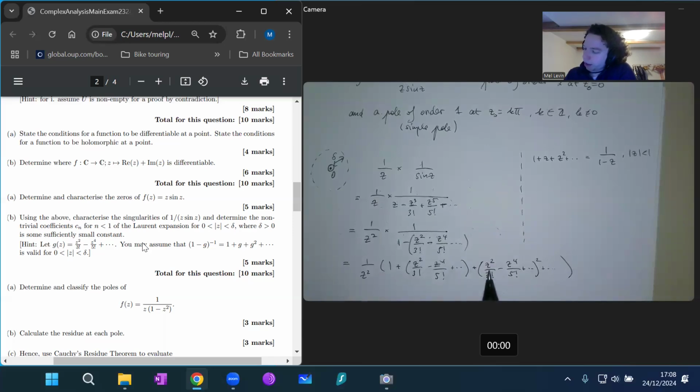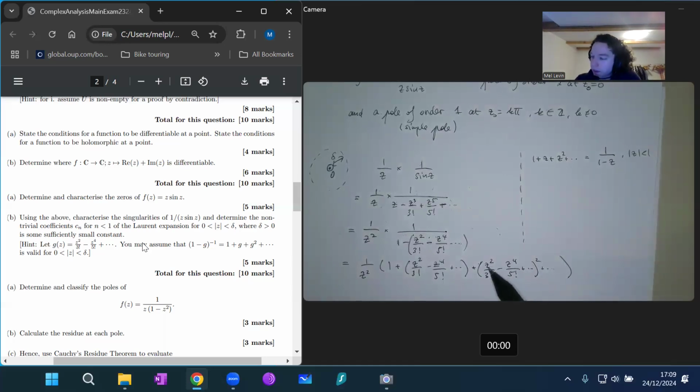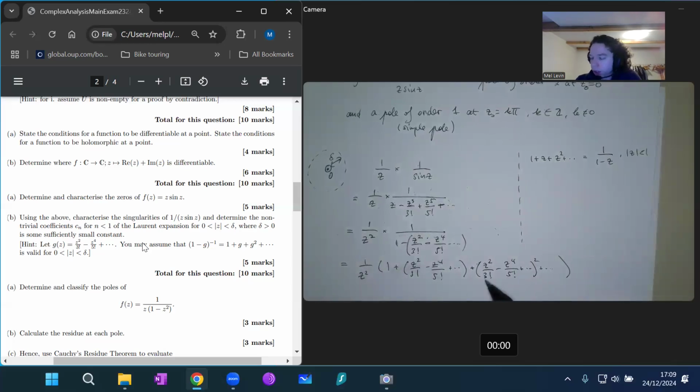You'll see that here we'll have a 1 and then a z squared, a z to the 4, and so on. If you imagine squaring this, the smallest possible power of z we'll have from this bracket is z to the 4, which combined with a 1 over z squared is going to give us z squared.